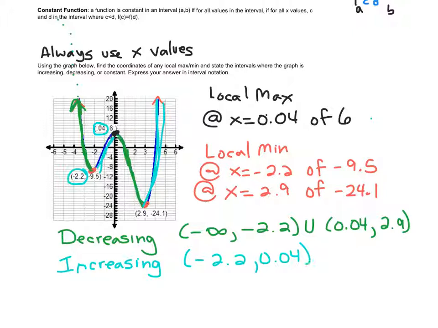And then again over here, it's going to increase from that 2.9, which is the x value of that local minimum, absolute minimum, and then all the way to positive infinity. And that's the x value infinity, remember, because we're always listing the x values.